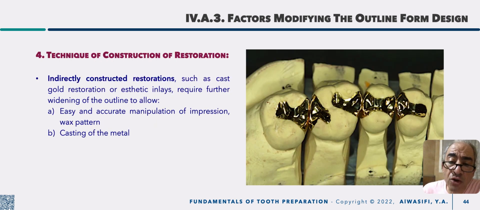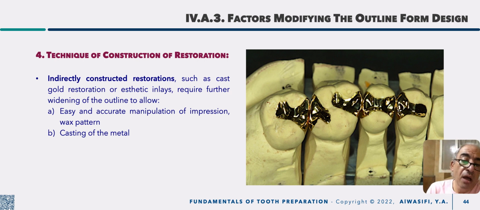According to the technique of construction, an indirectly constructed restoration means that you take an impression and convert it into a die, construct the wax pattern, invest the wax pattern, and cast the material. The material comes in a rigid form, in precise measures to the cavity, and is then cemented into place.